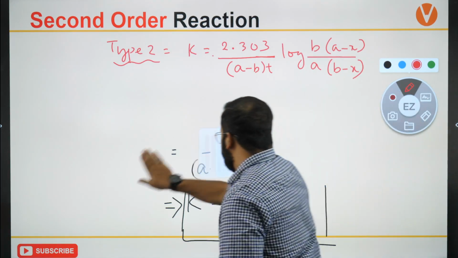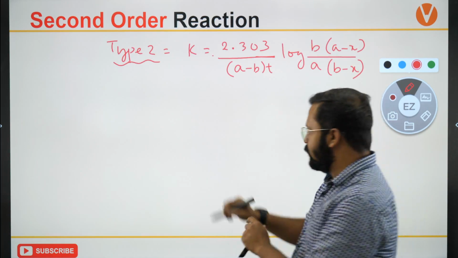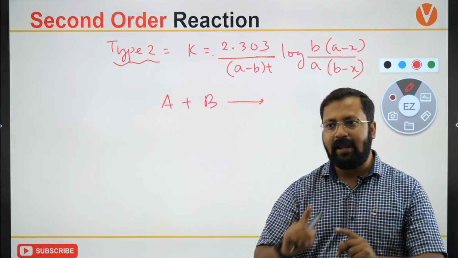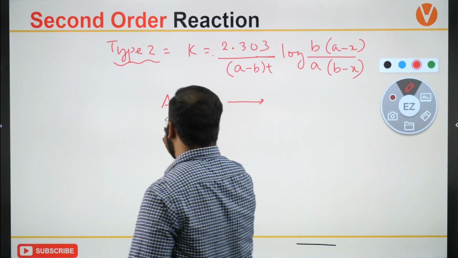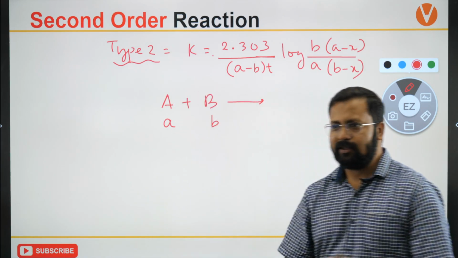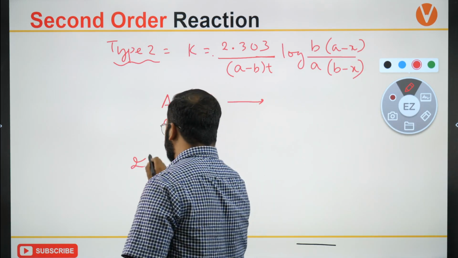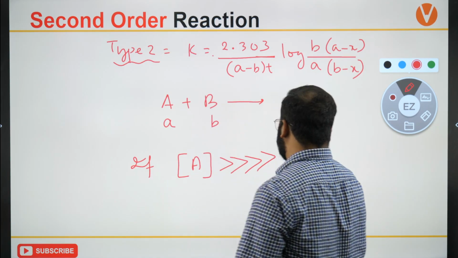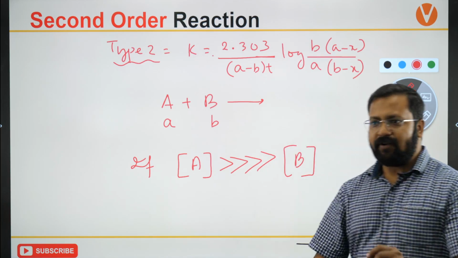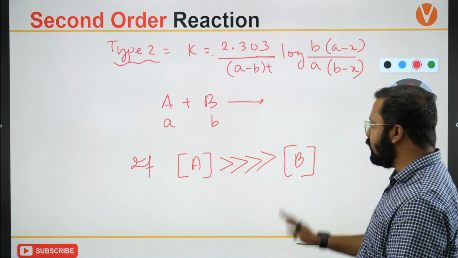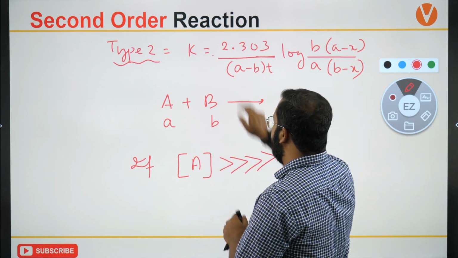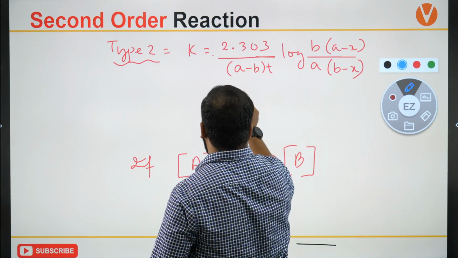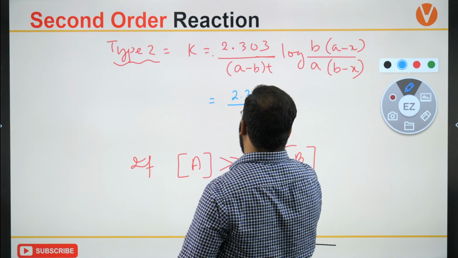Now this is where things get a little interesting. Suppose A and B are two reactants which are taken. If this is A and this is B, this is the initial concentration. If concentration of A is very large as compared to B, can I say a minus b will be nearly equal to a?